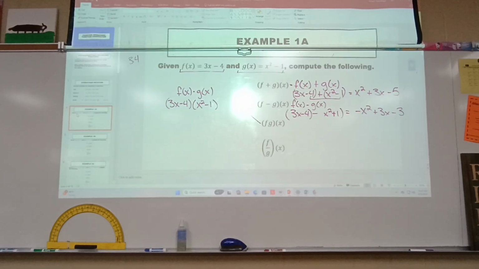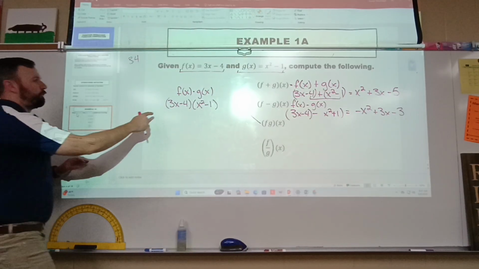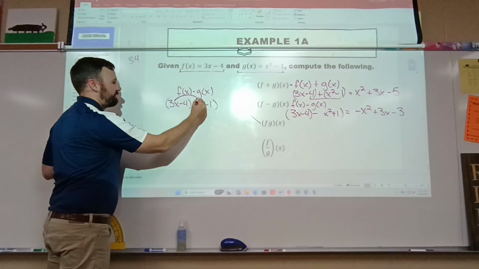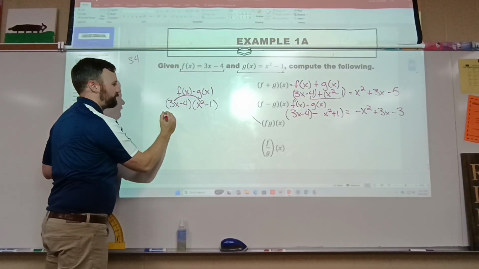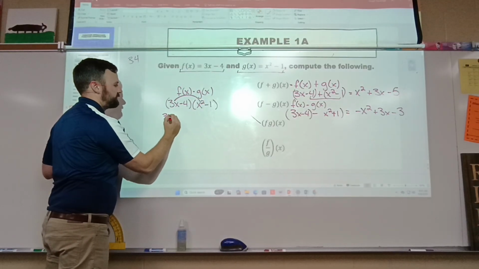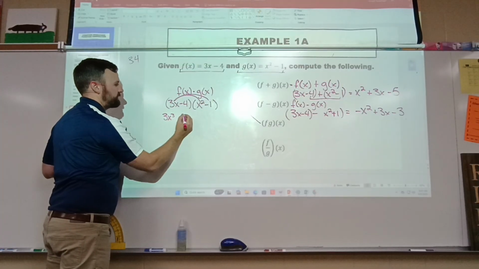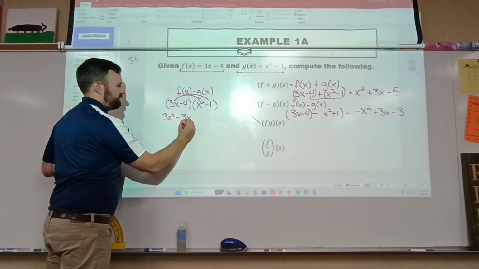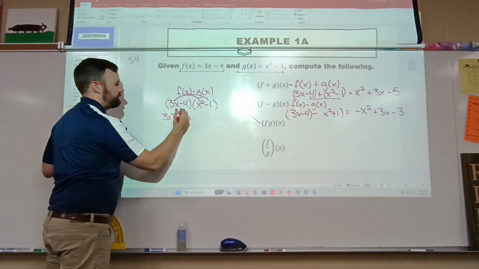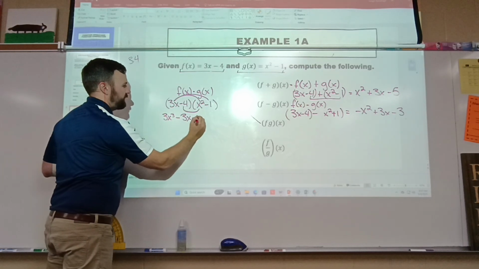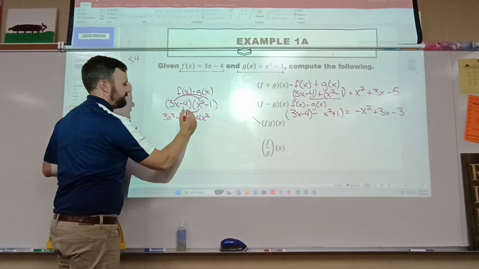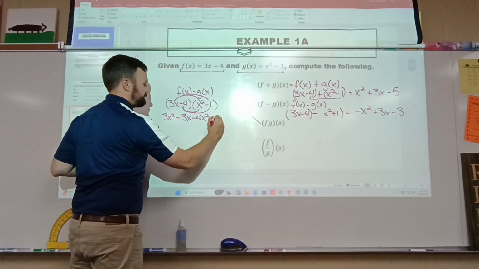But I do need to FOIL this beast. 3x times x squared is 3x to the third, right? First, outside. Negative 4 times x squared. And negative 4 times negative 1.